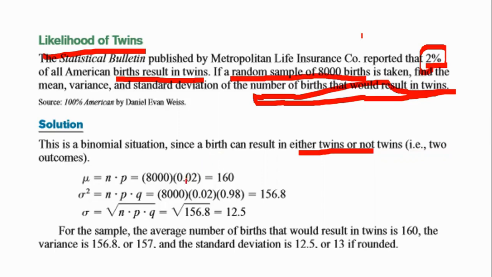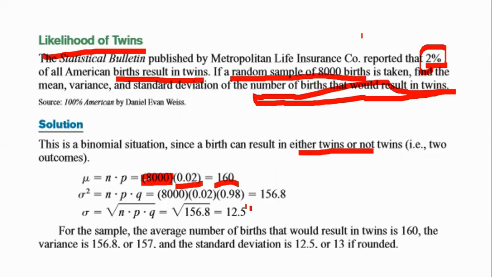So 2% is expressed over here, and the total number in the sample is 8,000. So on average 160 out of 8,000 births should result in twins, right?